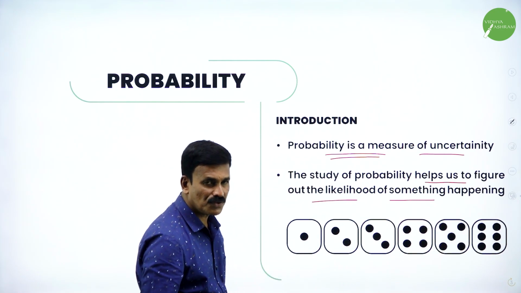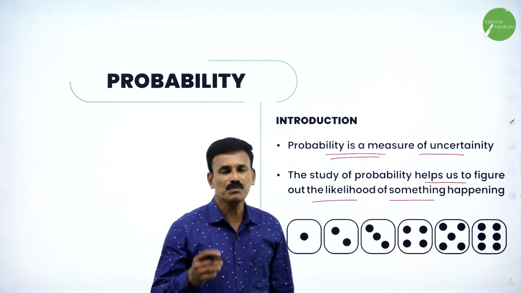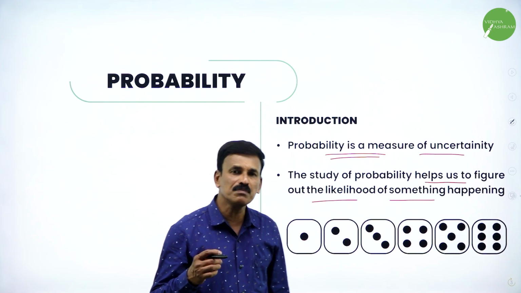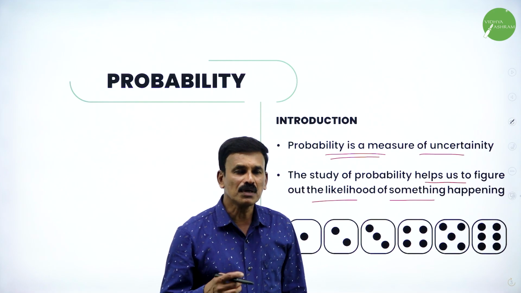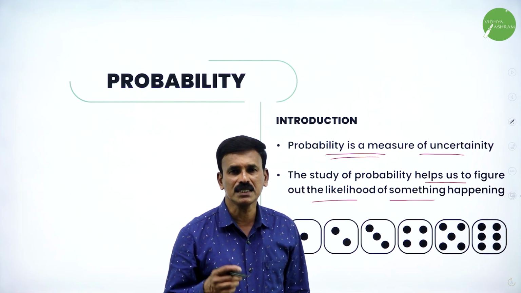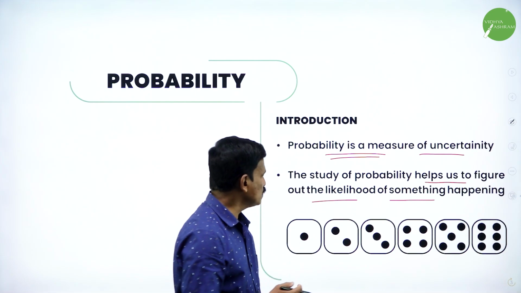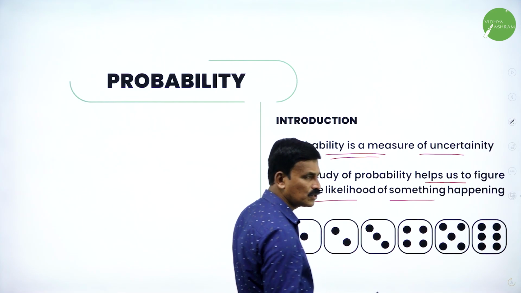Now let us consider, for example, tossing a coin. If we toss a coin, what is the possibility we are going to get? Either head or a tail. Similarly, if a die is rolled or thrown, what is the possibility?